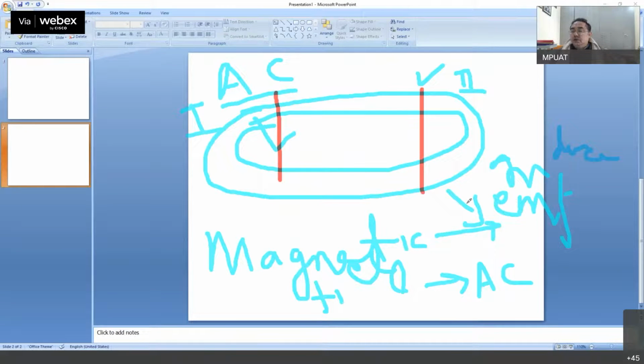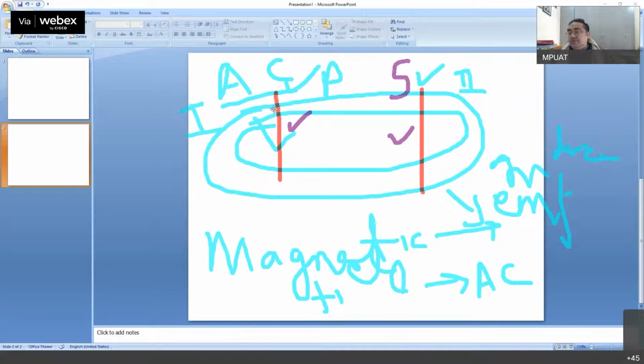In transformer also the same thing happens. We have two circuits. One is called primary and another is called secondary. So this is the primary conductor, and this is the secondary conductor. What happens when you provide an AC supply to this primary circuit?